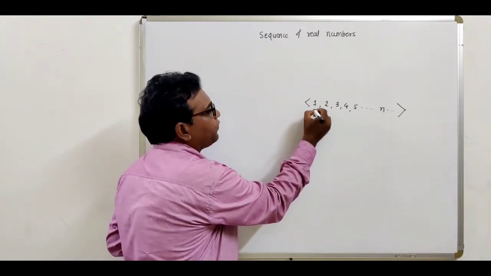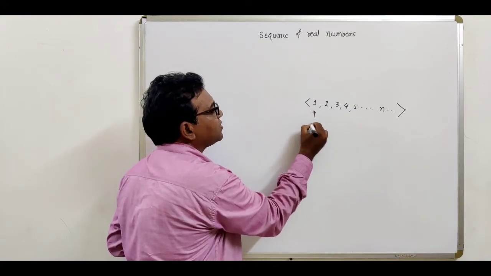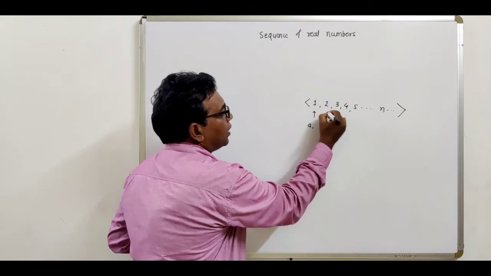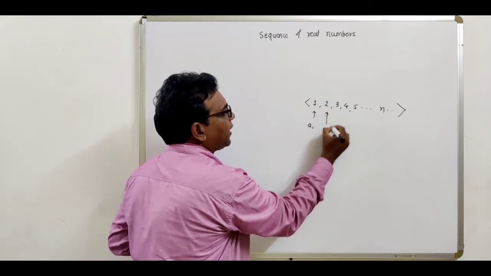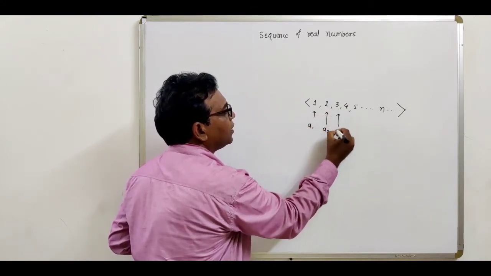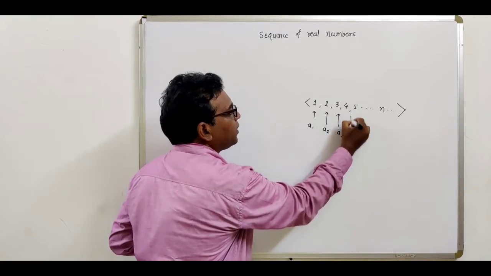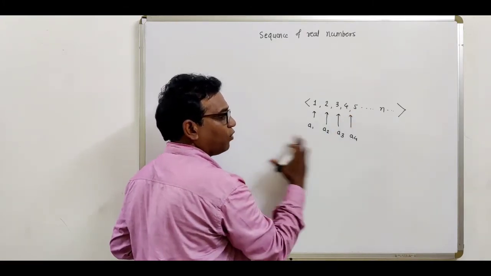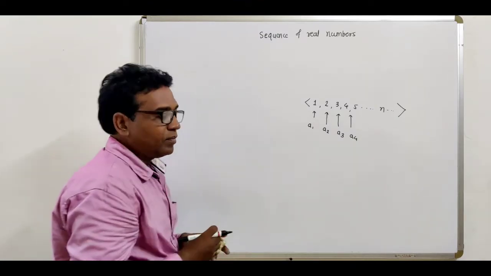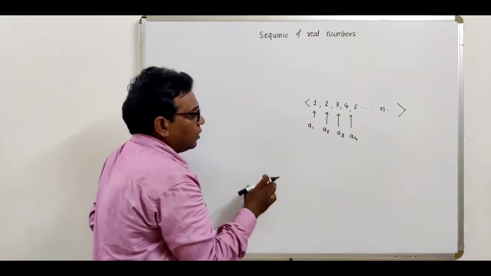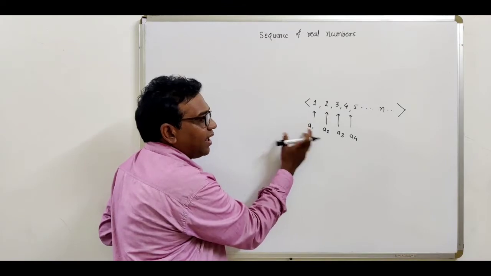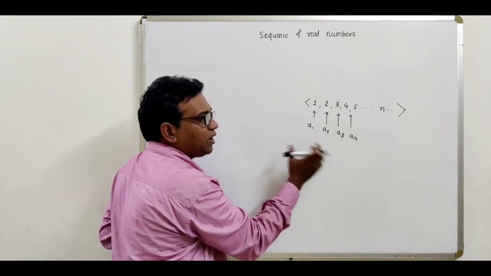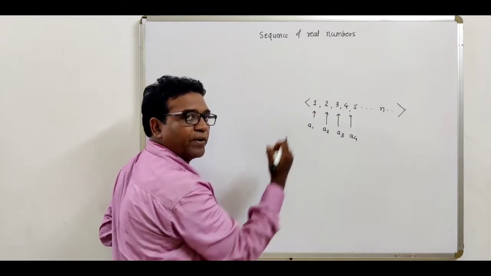Now suppose we represent the first element by A1, the second element by A2, the third element by A3, the fourth element by A4 and so on. A means it is the element, and 1, 2, 3, 4 represents the position of that particular element.